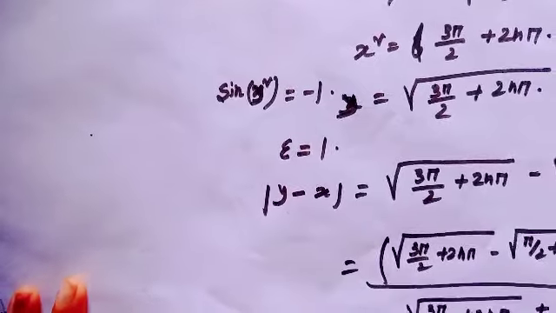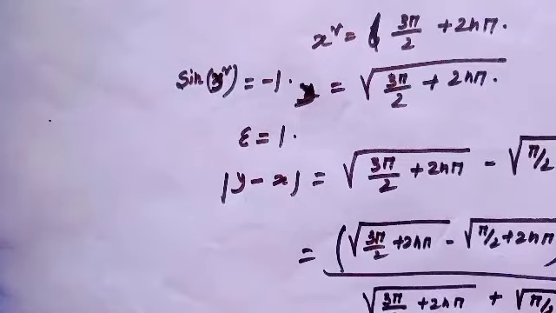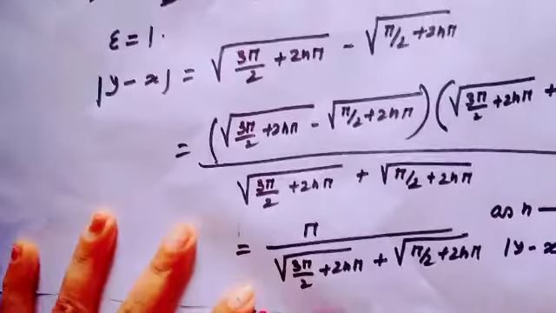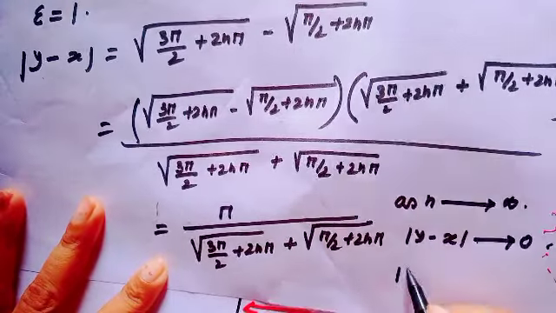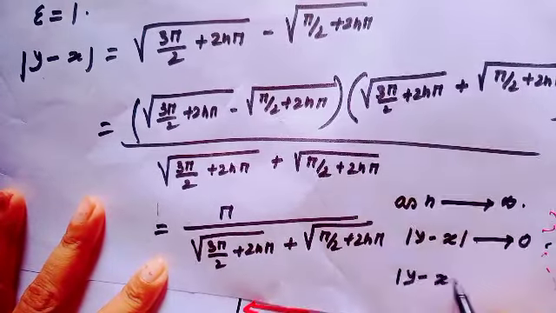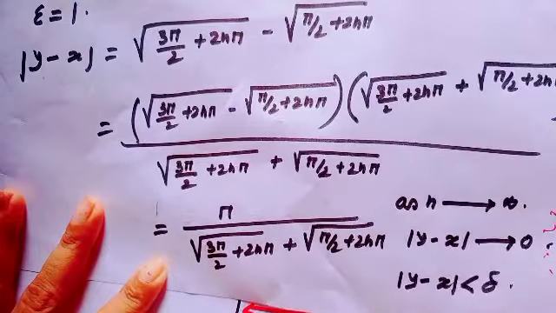So, for epsilon equal to 1, I have got the distance between y and x less than delta.